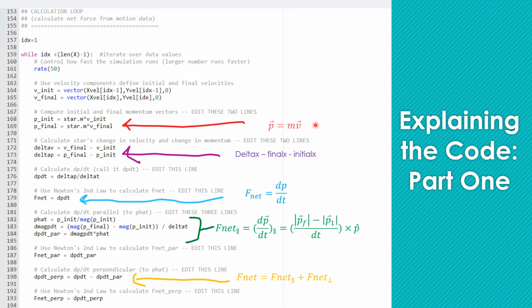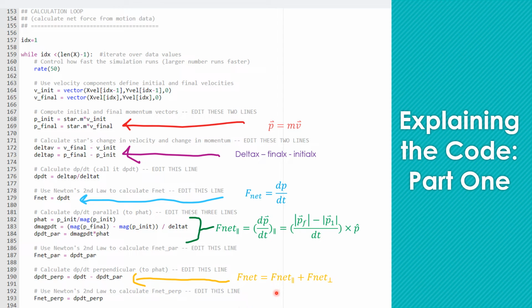Then I used the definition of momentum to find the initial and final momentum, and to find delta v and delta p from the given information. Then because net force is equal to change in momentum over change in time, we can calculate that. And we can also calculate the parallel component of the net force from this equation here, where the parallel component of momentum change is going to be equal to that parallel component.